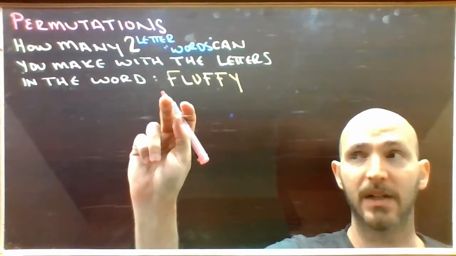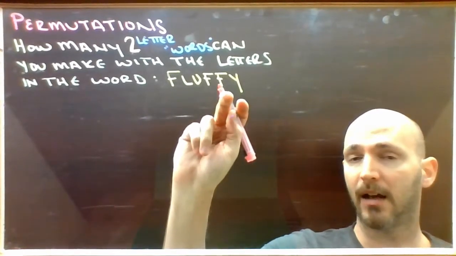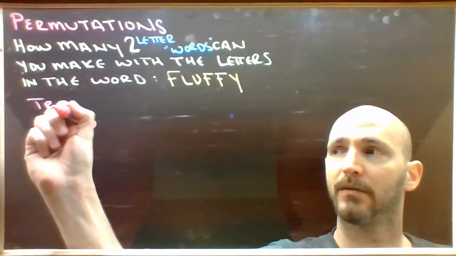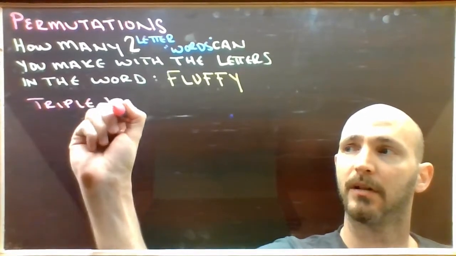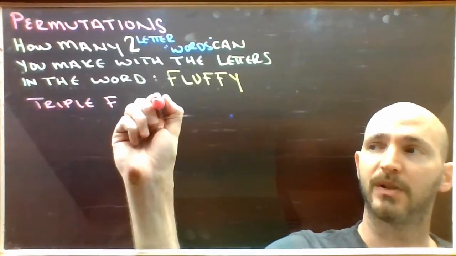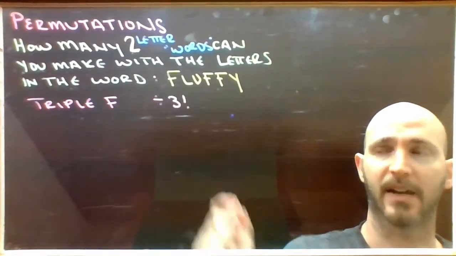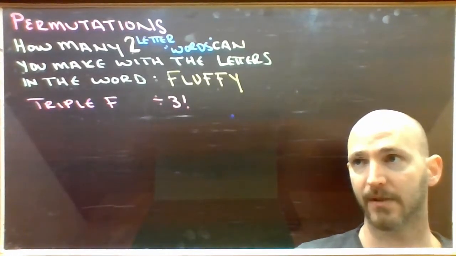The first thing we did was that there were 3 F's. So triple F meant we were going to divide by 3 factorial. That's the shuffling of those F's.